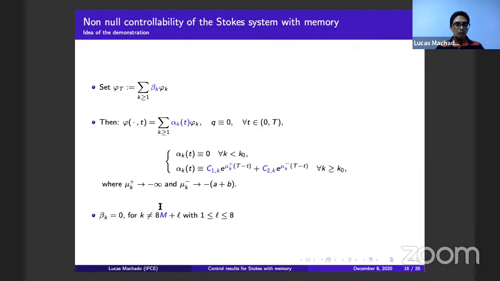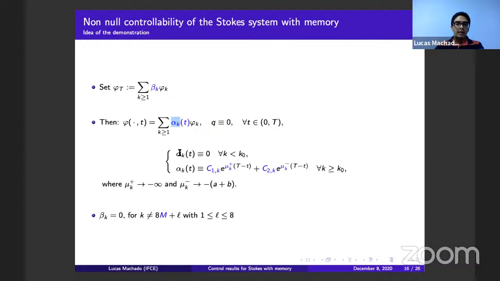Well, we take phi T as a linear combination of the eigenfunctions p_k, okay, and the associated solution has this expression, and with this the pressure is null, okay.